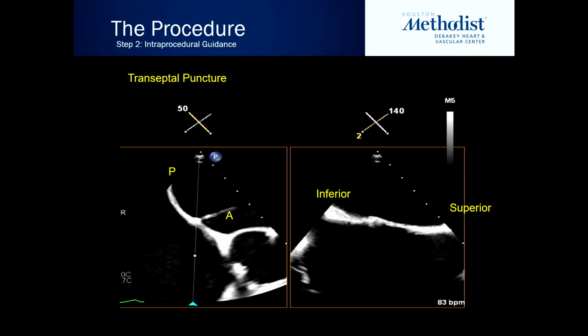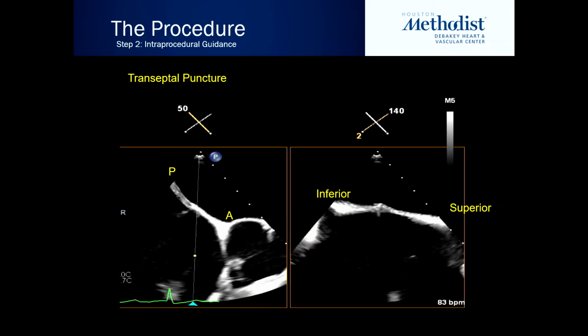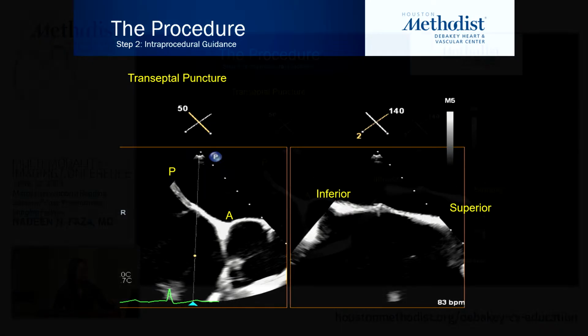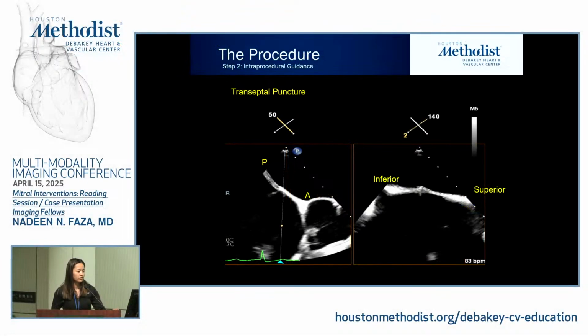By the time we quickly finished all the pre-procedural protocol, the proceduralists at the time had already gotten the access, and they have the wire from the SVC, and they're ready to come down to the IVC. So over here, they'll go from superior SVC down and try to do a posterior superior puncture.